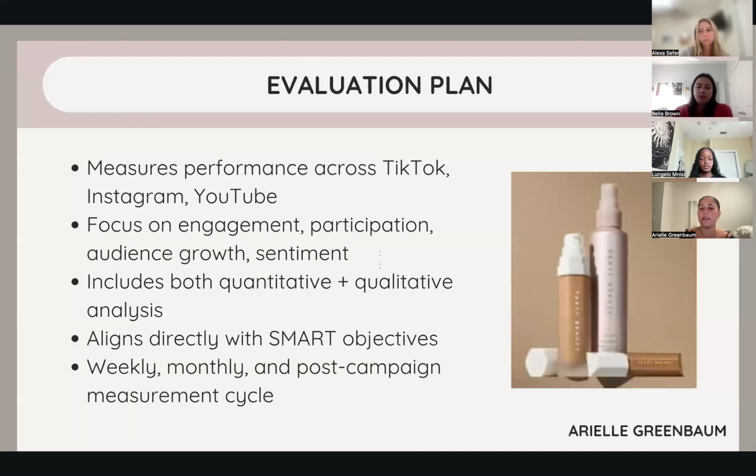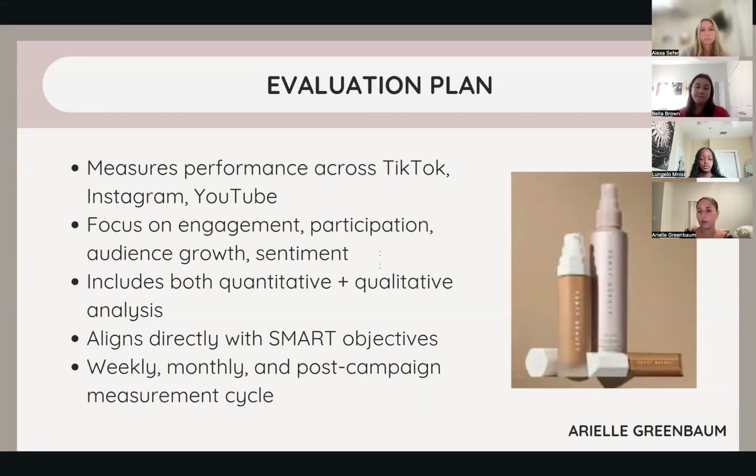Next, I'm going to go over the evaluation plan. Our evaluation plan is comprehensive and ties directly into our campaign goals: emotional connection, inclusivity, and engagement. We track weekly shifts, monthly benchmarks, and final KPIs to see both short-term and long-term campaign effectiveness.